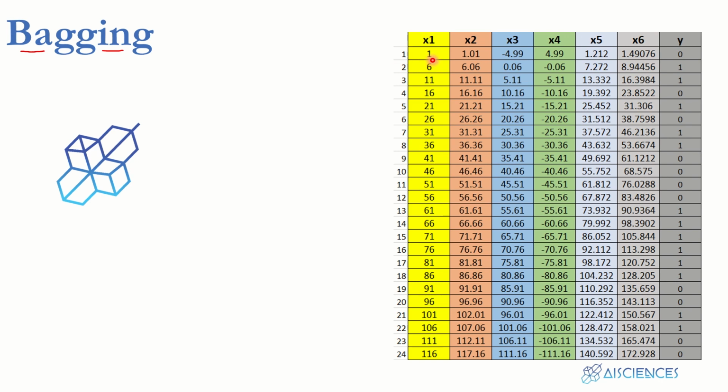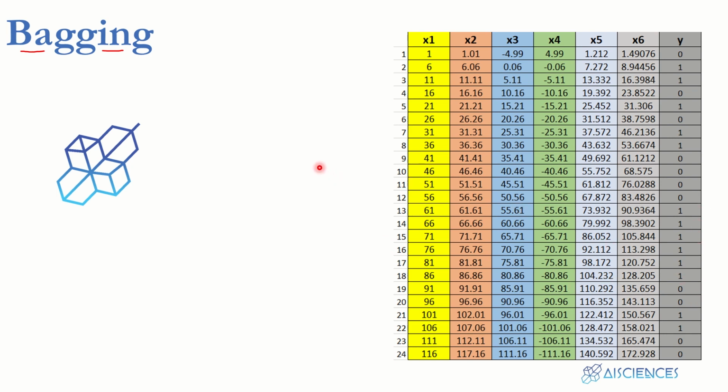So example 1 has x1 feature value 1, x2 feature value 1.01, then we have minus 4.99, 4.99, then we have 1.2. And the final column is actually the class label. So this is a classification data, a toy data set, just to explain the example. And here we have 24 data points, or 24 samples along with their class labels.